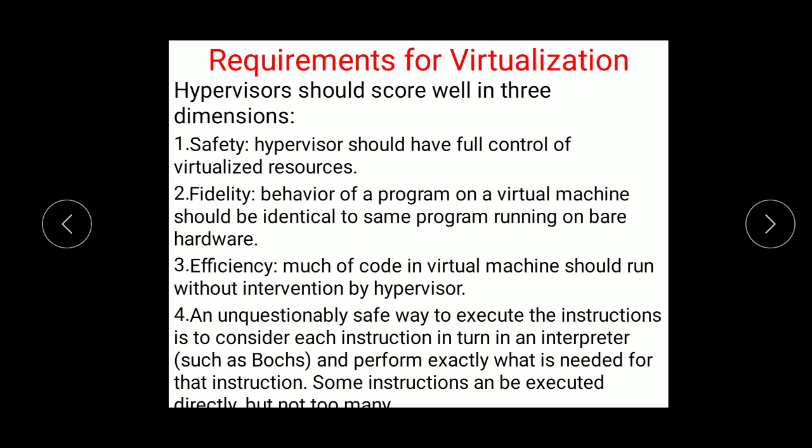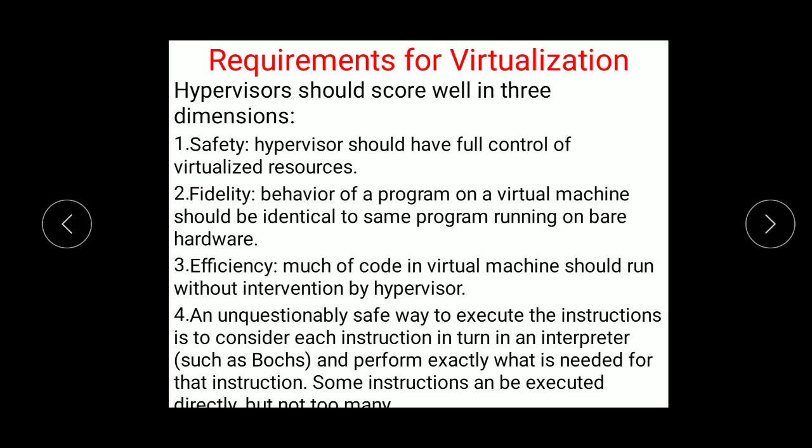Through software or hardware, the consistency of working should be the same. The third one is efficiency. Most of the code in the virtual machine should run without intervention by the hypervisor. So there should not be any interference by the hypervisor in the processing of the virtual machine. The hypervisor should just create a platform for using a number of machines.